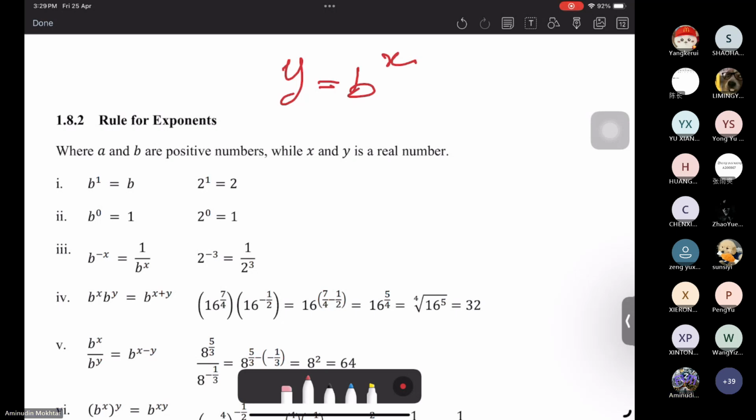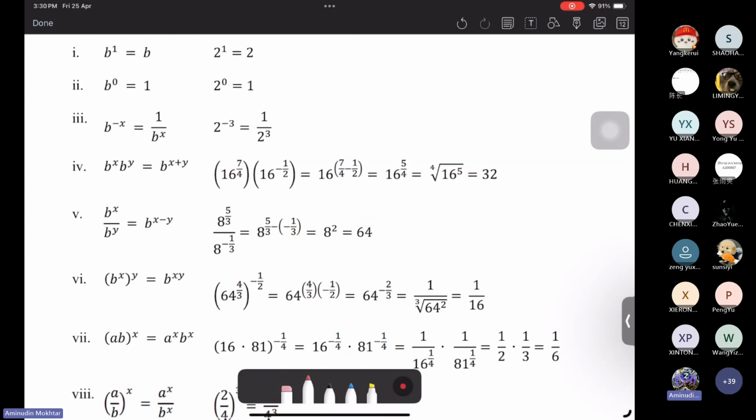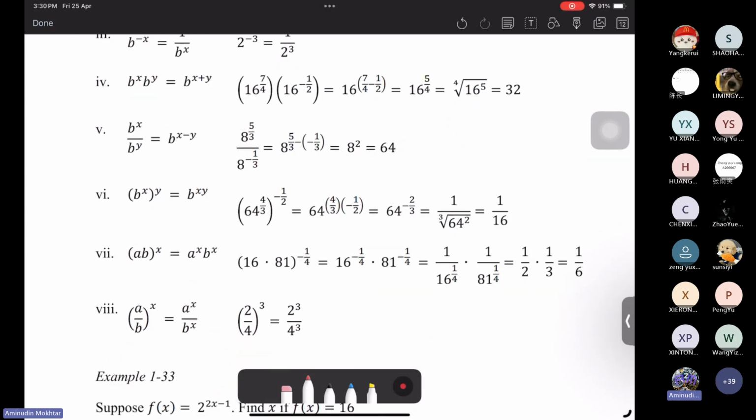So there are some rules of exponents here. If you refer to section 1.8.2, there are a few rules here, rules 5, 6, 7, 8. I will not ask you to memorize all these, but it is very important that you understand what this table is.